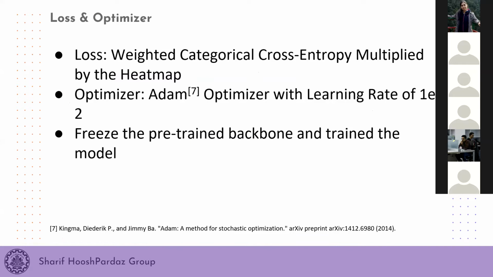For the loss of the network, we used weighted categorical cross entropy, and in the final version, we multiplied the loss by the heat map that we generated in the preprocessing step. And as you can see, for the optimizer, we use Adam optimizer with the learning rate of 10 to the power of -2. And we freeze the pre-trained backbone and then train the model.